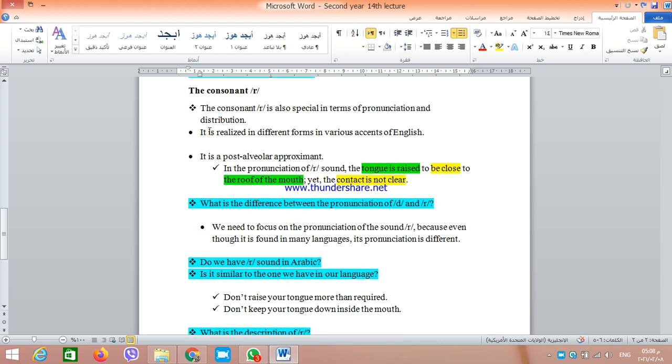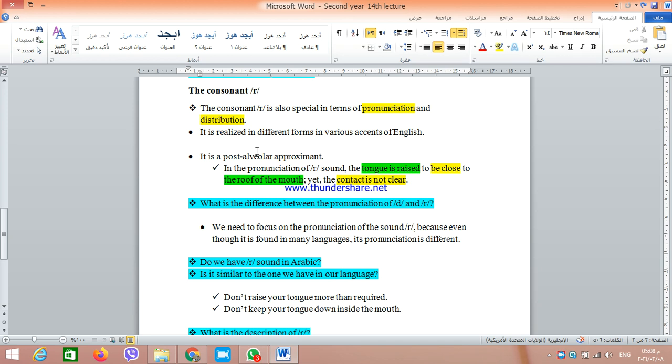Now we go to the consonant ra, which is another special consonant in English. The consonant ra is also special in terms of pronunciation and in terms of distribution. In terms of pronunciation, the sound ra is called an approximant sound. Again, we have an approximation between the organs of speech.